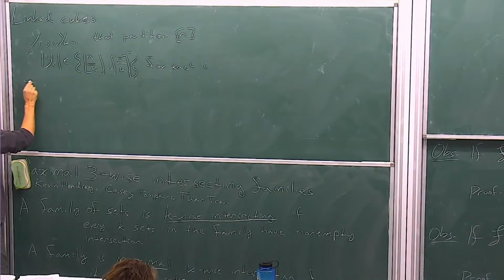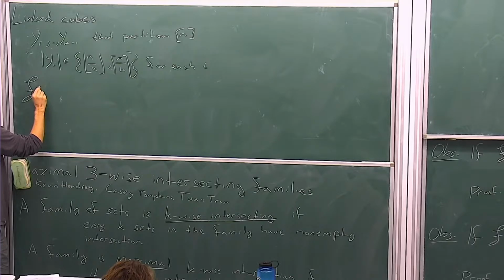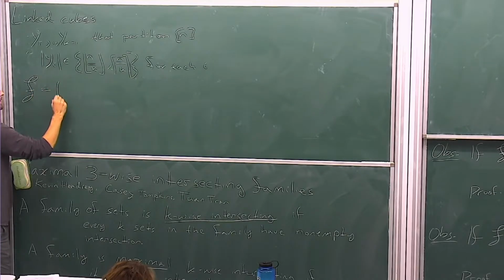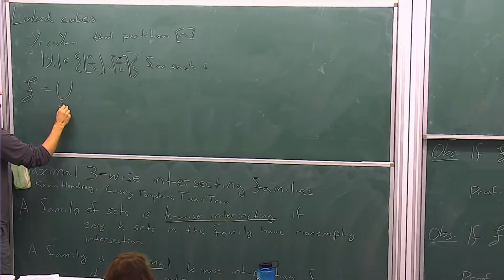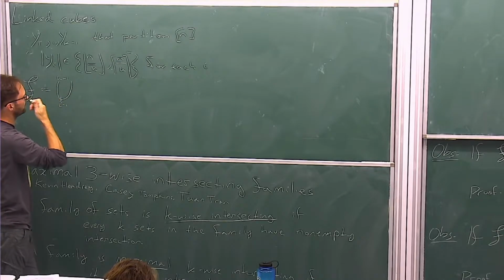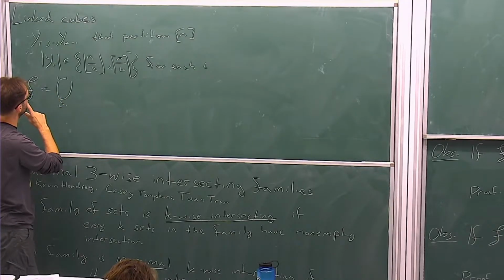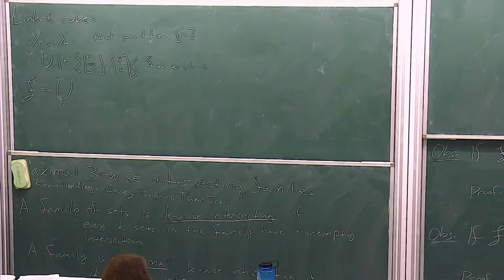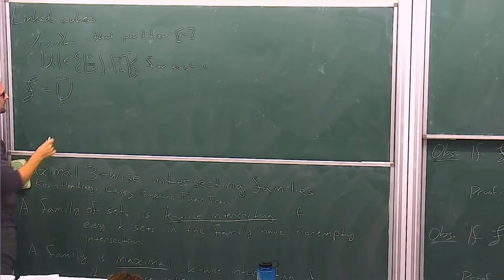Then the family F is going to be the union over I of proper supersets of the union of the other families.